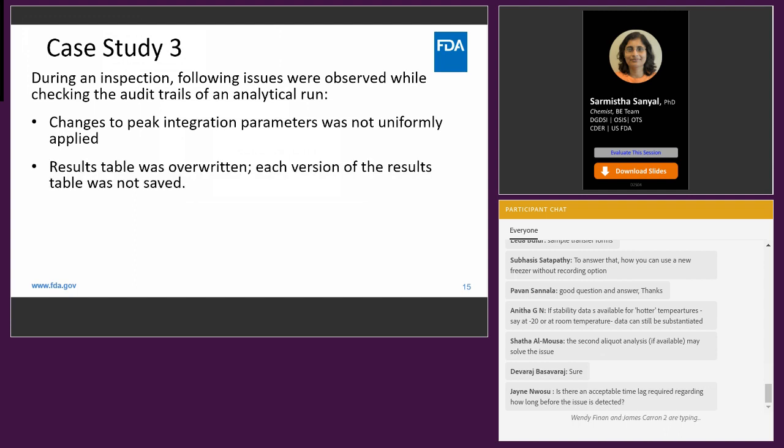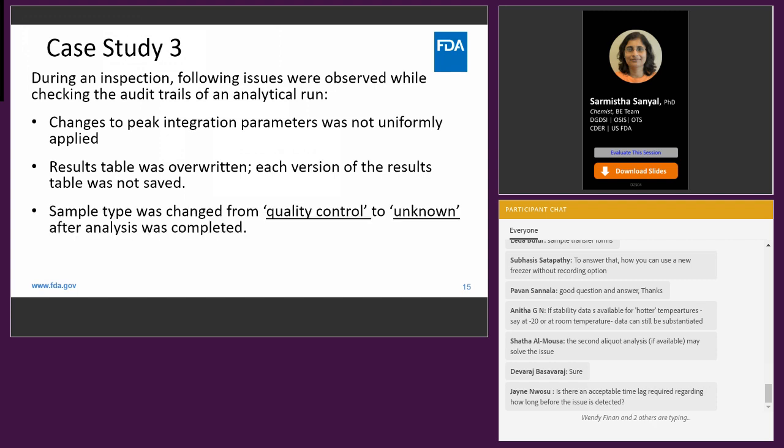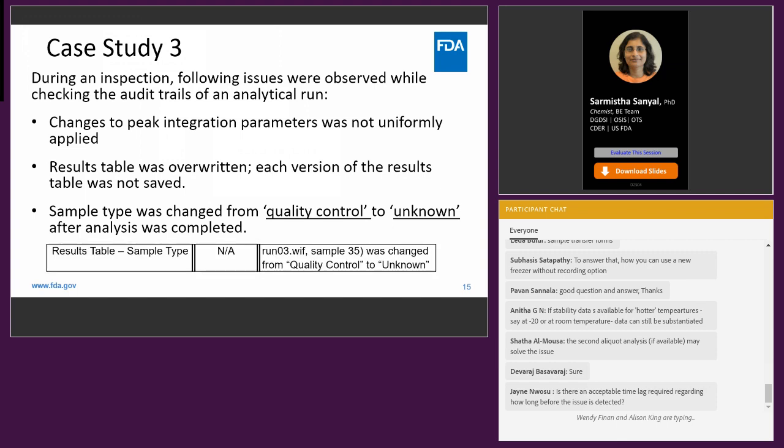In another instance, it was found that one of the results table in one run was overwritten. The original version of the results table was not saved. It was also found that the sample type was changed to unknown from quality control after the analysis was completed, as you may see in this screenshot provided here.